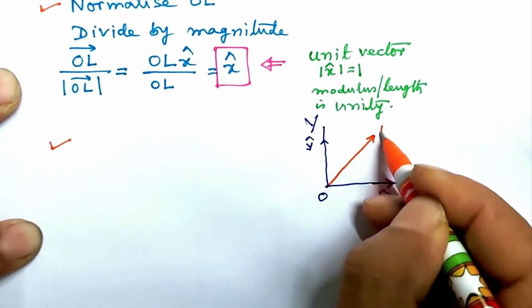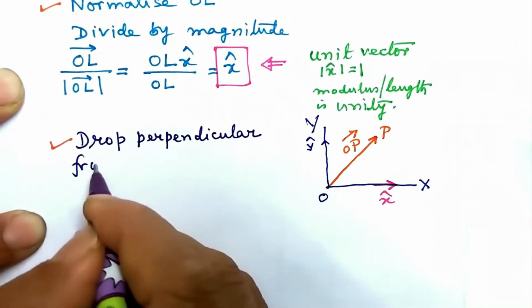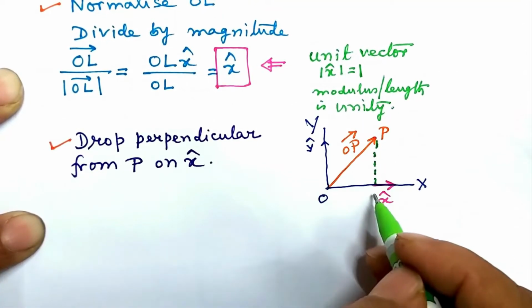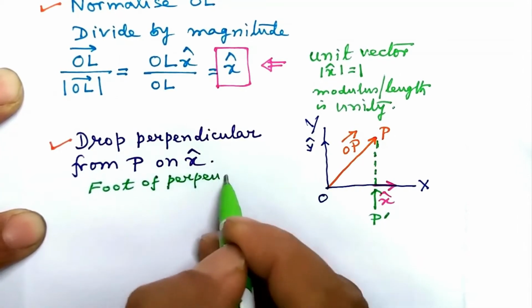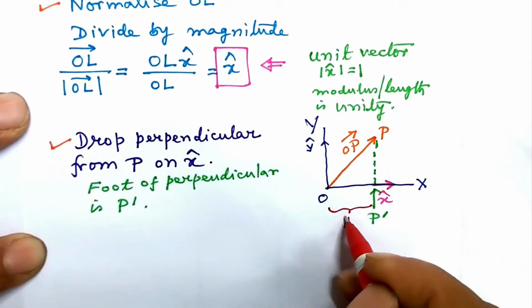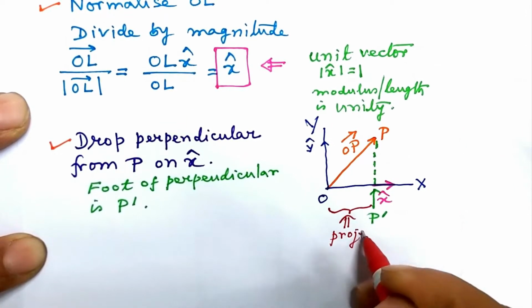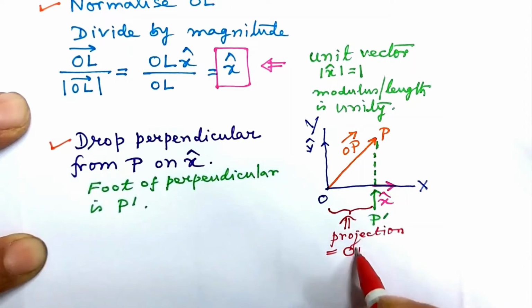And this was vector OP. Drop a perpendicular from P on x hat and it is PP prime. The foot of the perpendicular is P prime. This OP prime is the projection of vector OP.